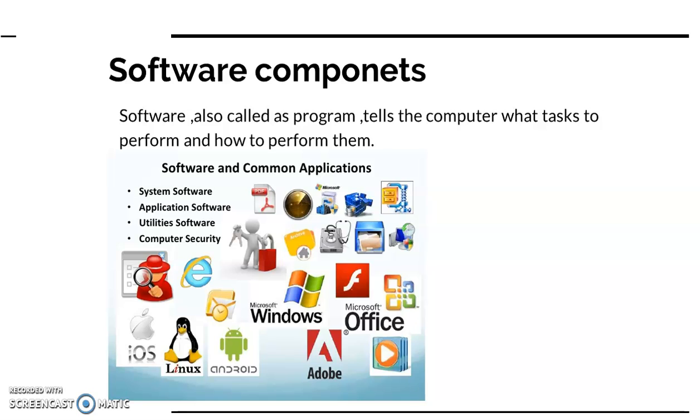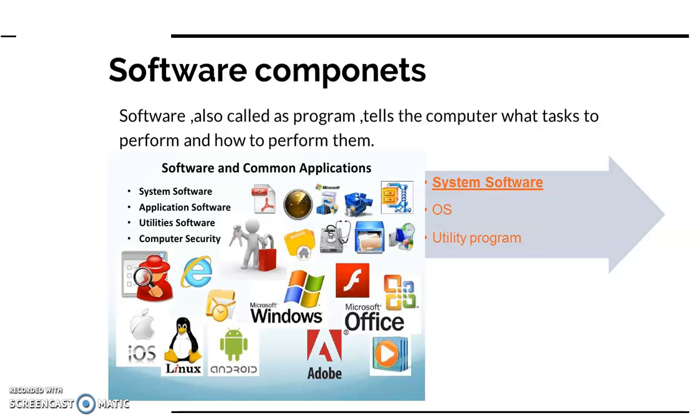These are the further classifications of software. We have already heard terms, for example Microsoft Windows, Linux, Android, iOS. What are these? These are system software, that means your operating system. System software can be an operating system or utility programs.